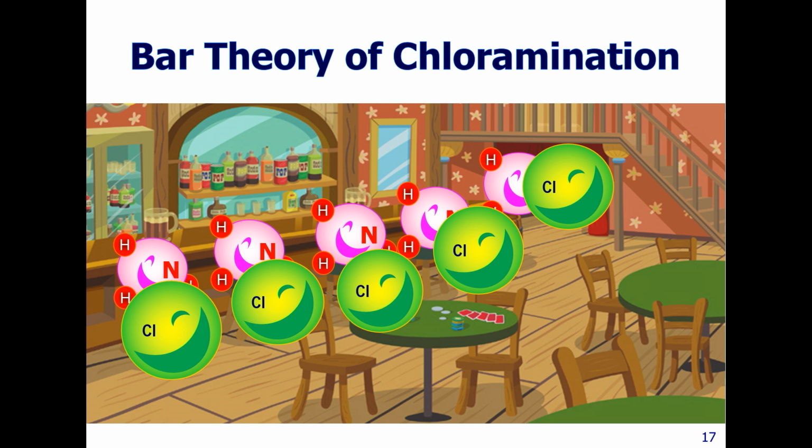Well, a little after midnight, another chlorine walks in. There's no ammonias left, right? So what's going to happen? Well, to meet an ammonia, the fights are going to break out, right? And he's going to have to knock chlorine off of some ammonia, and all those ammonias are going to be mad at the fight. You know, they don't like that, and they're going to leave and go home.